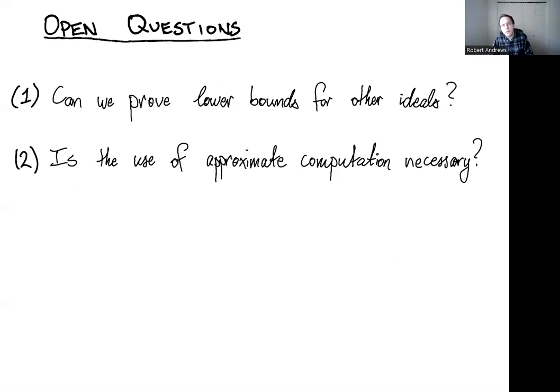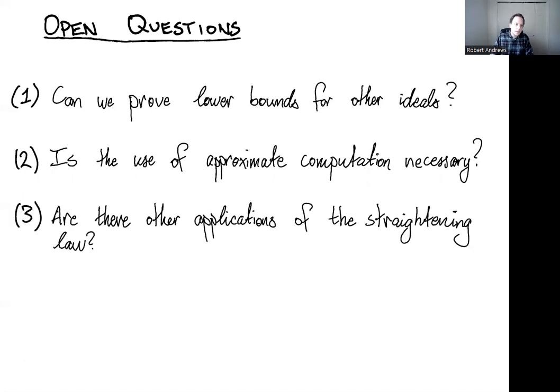Is it necessary to use approximate computation in order to prove this result? And then the third question is, well, we found a new tool, this straightening law. Are there other applications of it to problems in algebraic complexity? It seems like it's a nice tool, but maybe there are other ways we can use it to resolve some other problems. So that's all I wanted to say.